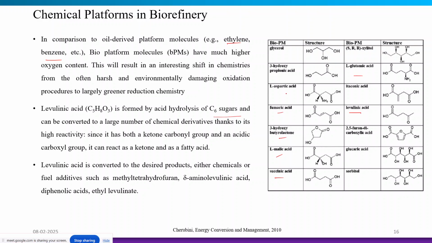These are some platform chemicals considered for the biorefinery, whereas in the oil refinery the most significant chemical platforms are ethylene, benzene, methanol, and these kinds of things for the petroleum driven refinery. Based upon this chemical platform, these are considered to be platform because many other chemicals can also be produced from these sorts of chemical platforms. So this gives a wide spectrum for other chemical production.